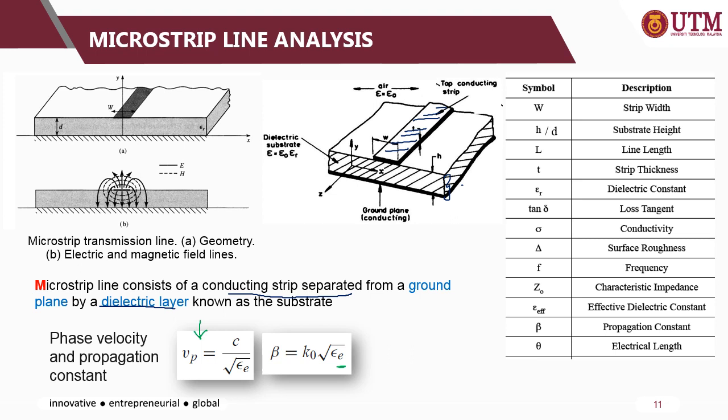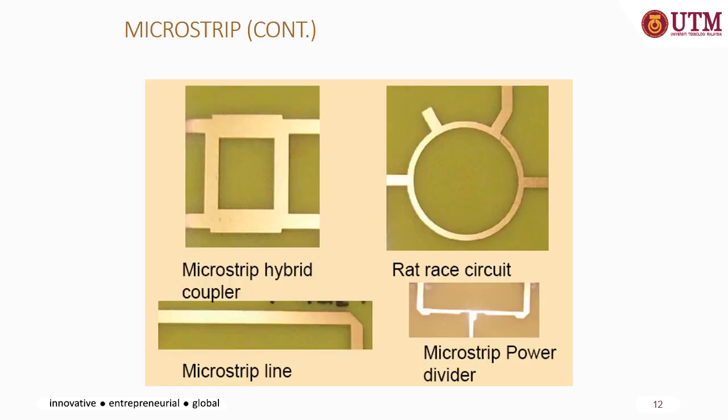So you need to be careful. Make sure when you refer to the appendix, you refer to the right equation. The slide shows some fabricated microstrip lines that are used as a coupler and also a power divider.